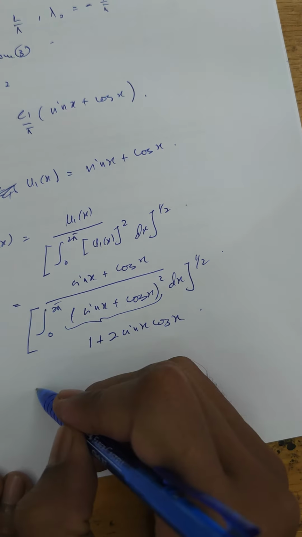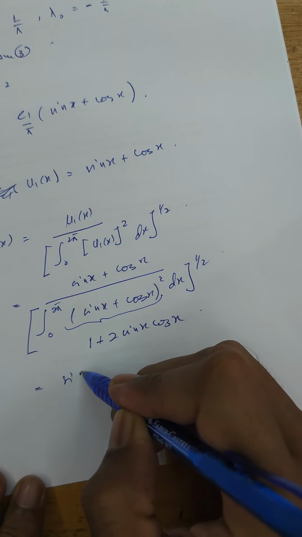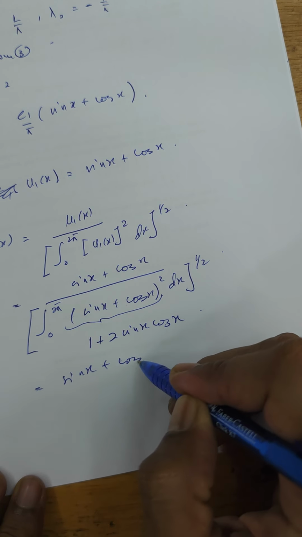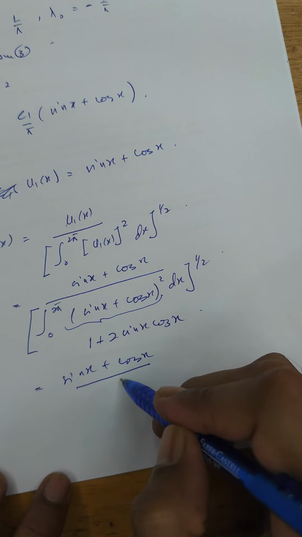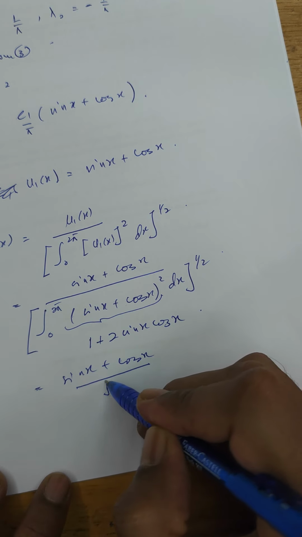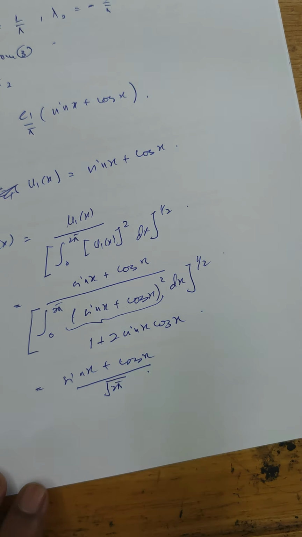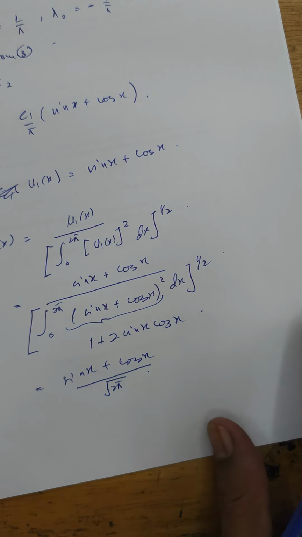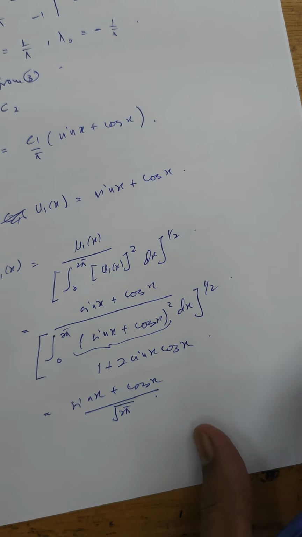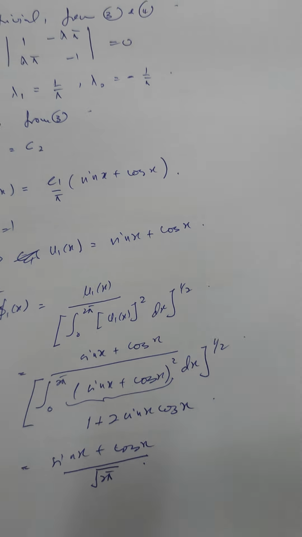So all these things will give you sin x plus cos x over square root of 2 pi. Right? That's for lambda equal to 1 over pi.